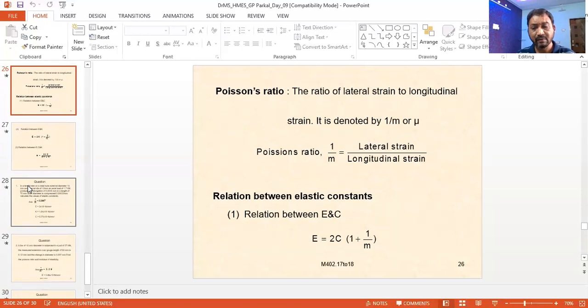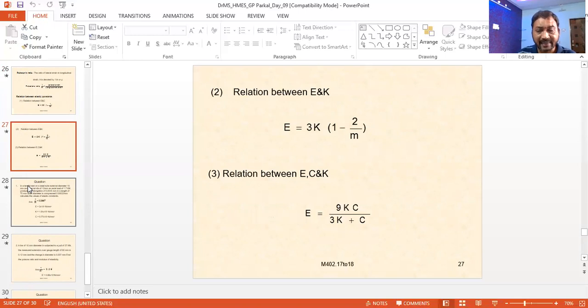E is equal to, just once again I am repeating the relation between E and C. E is equal to 2C into 1 plus 1 by m, and the next one is E is equal to 3K into 1 minus 2 by m. Here this is nothing but 2 into 1 by m, that is 2 by m, whereas 1 by m is the Poisson's ratio.